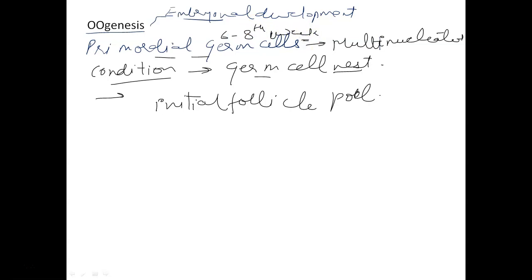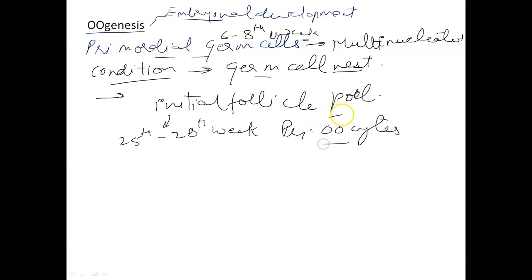And after that, around the 21st week, the primary oocytes are formed. Somewhere it is 25th to 28th week, the primary oocytes are developed. They are differentiated from the follicle.